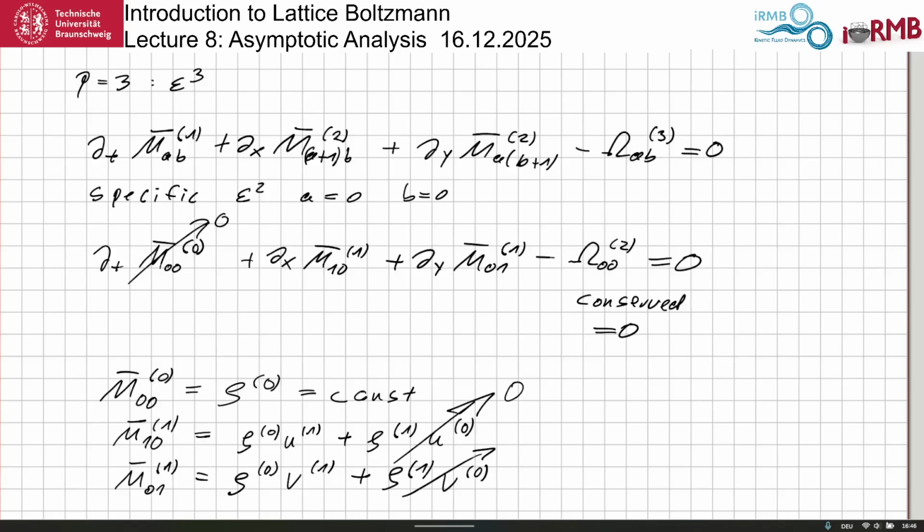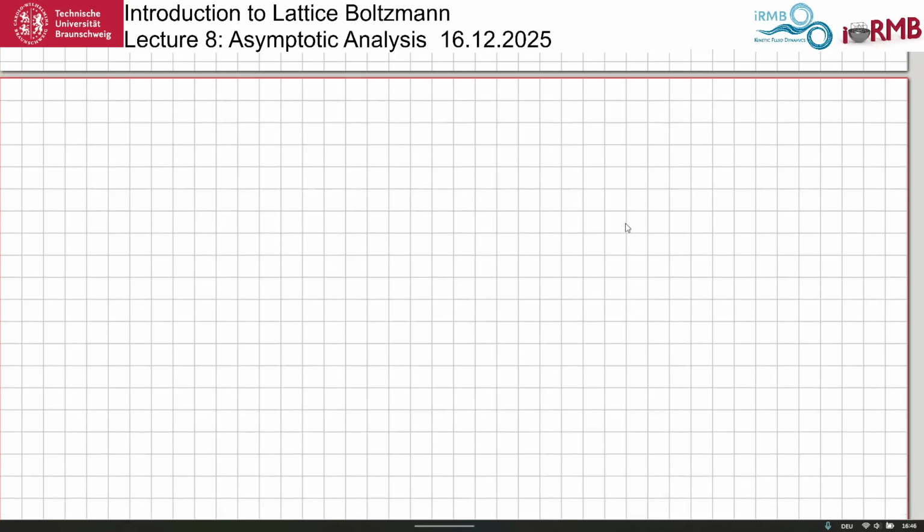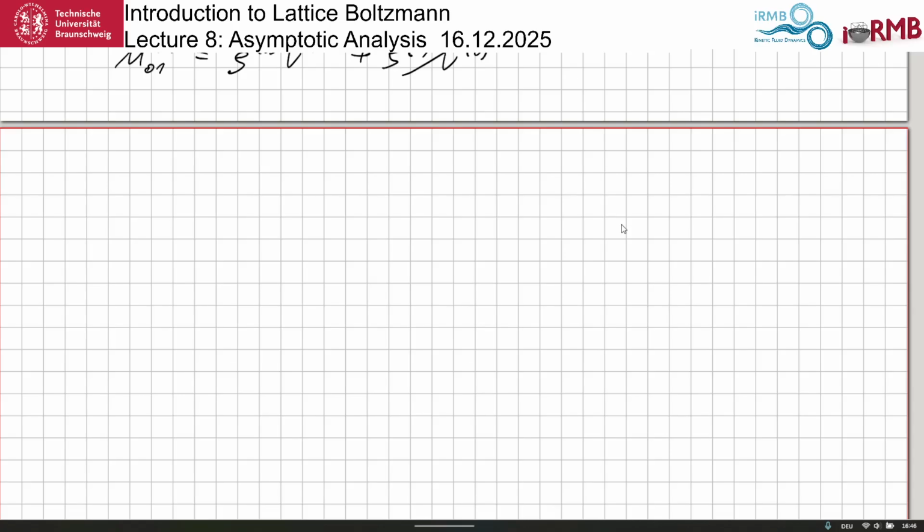Which means all of this together go into dx rho 0 u1 plus dy rho 0 v1 is equal to 0, which means that rho 0 is a constant, so it can always be drawn in front.